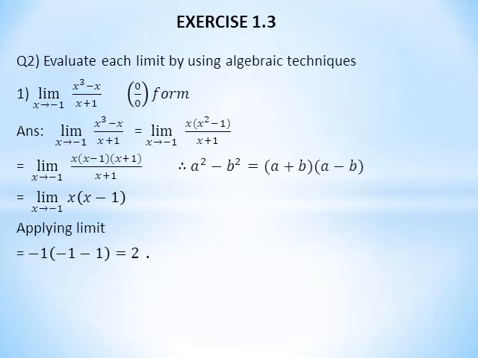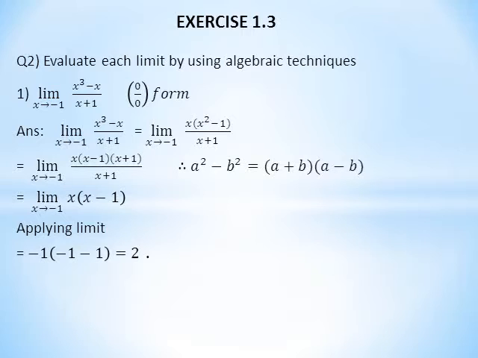So we get the 0 upon 0 form. For this indeterminate form we have to do something, and by using algebraic techniques we can remove the zero from the denominator. Why? Because something upon 0 is undefined.